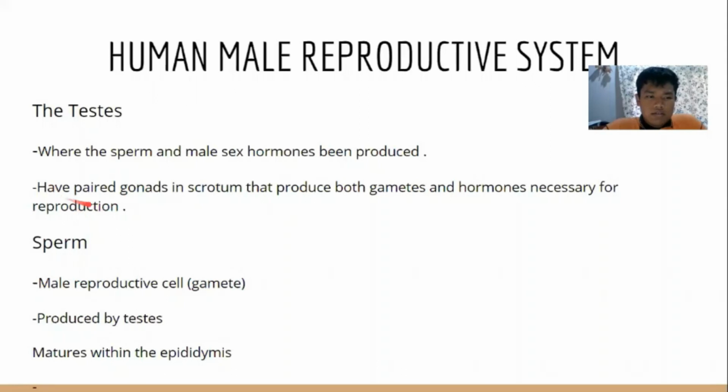The testis is a pair of gonads in the scrotum that produce both gametes and hormones necessary for reproduction. The sperm is a gamete, known as the male reproductive cell, that plays a major part in fertilization. Sperm is produced by the testis and also matures within the epididymis.